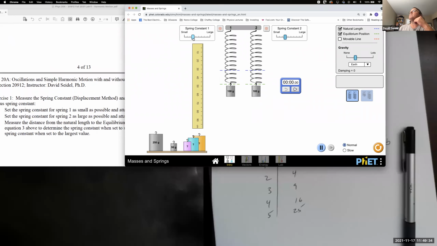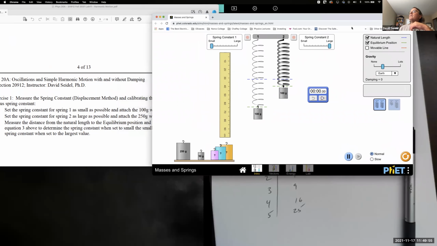So we're going to set this spring constant as small as possible, and this spring constant as large as possible. We're going to measure the distance from the natural length to the equilibrium position.